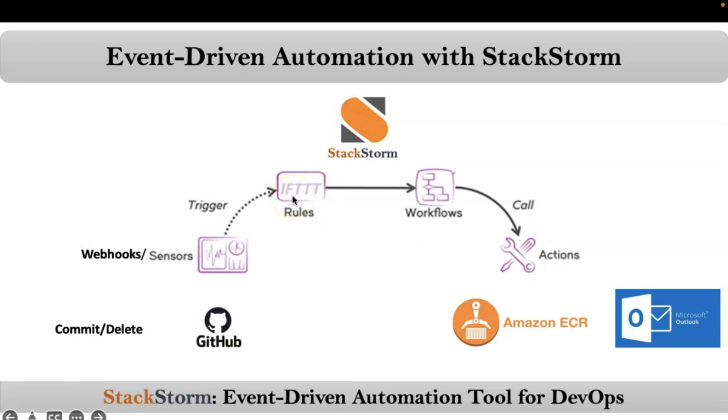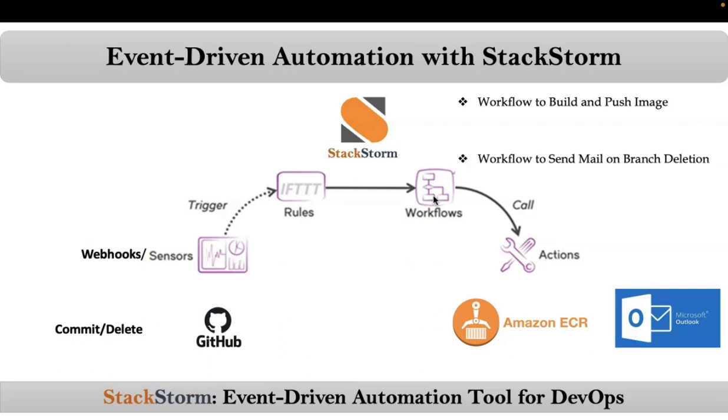That's why StackStorm is also called an if-this-then-that tool. Rules decide which action to perform, and that action is basically a workflow. If there is a GitHub commit event, the rule will decide to trigger the workflow to build and push the image. If there is a delete event in your GitHub, the rule will decide to execute the workflow to send mail on branch deletion.